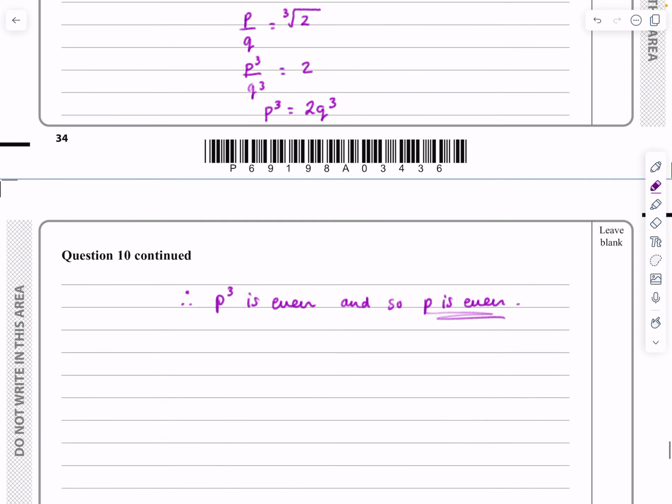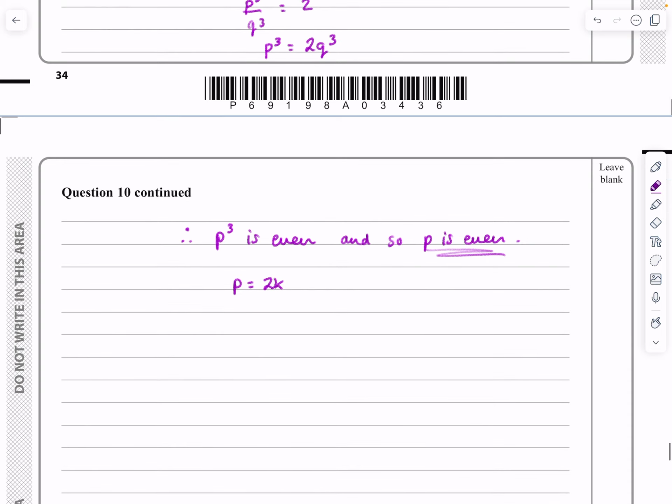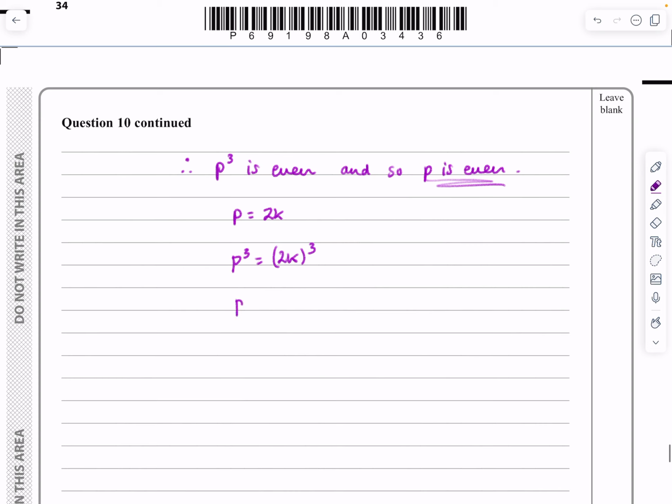Okay, if p is even, p is equal to 2k. If p is equal to 2k, then p cubed can be written as (2k) cubed. So p cubed is equal to 2q cubed, which is equal to 8k cubed.